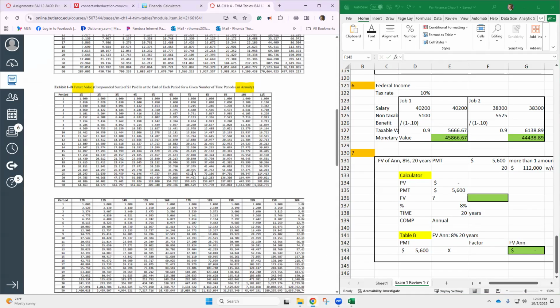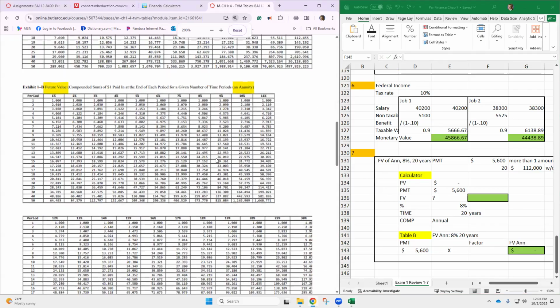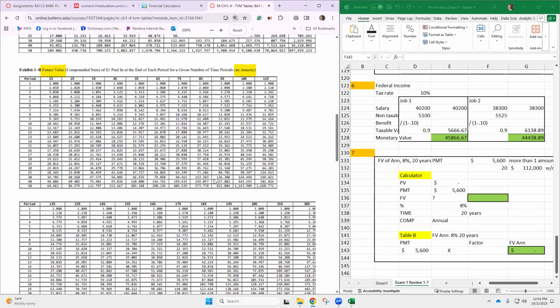This is where I sometimes get off track. I guess you can make it bigger, but it starts to become unreadable, seems like. All right, 8% in 20 years, 45.762. 45.762.